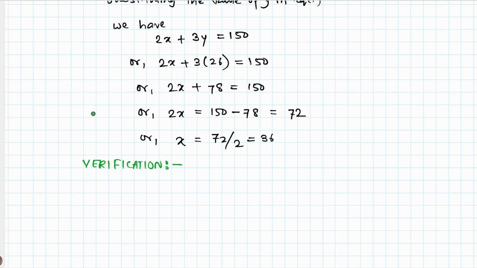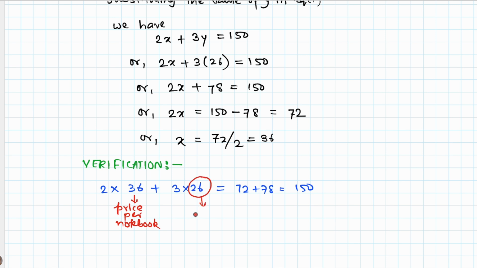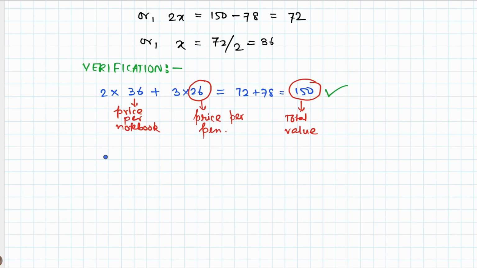Let's verify it. How will we verify? We'll put these values in the same equation. So 2 times 36 plus 3 times 26, which is 72 plus 78, and we got 150. So this is price per notebook, price per pen, and we got the total price, which is given in the equation. So that means our answer is satisfying these equations and they're correct.